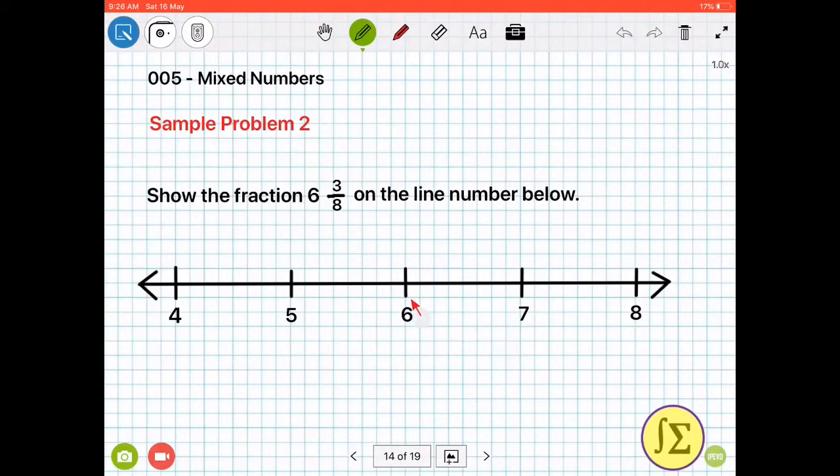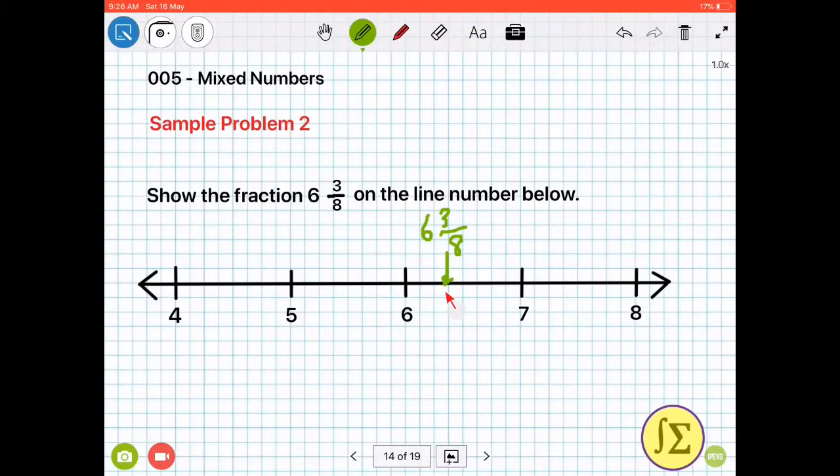So 3 over 8 will fall in the third square. 1, 2, 3. Okay, so this is where 3 over 8 will be. So 6 3 over 8 will fall at this location here. All right.